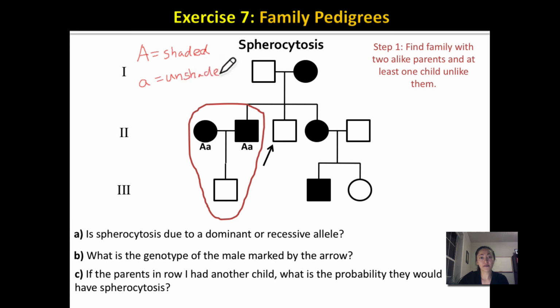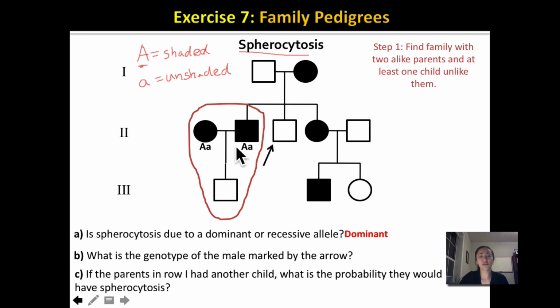So what does that mean? Well, every individual with a big A has spherocytosis because they're shaded in. So is spherocytosis due to a dominant or recessive allele? Well, it has to be due to a dominant allele.